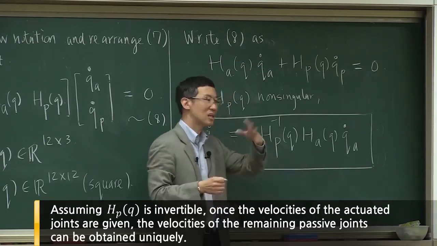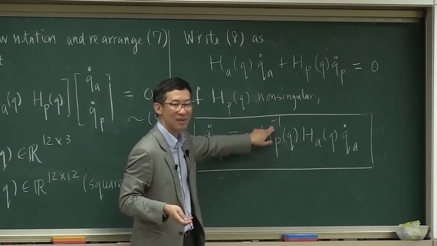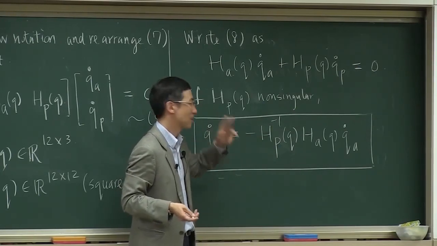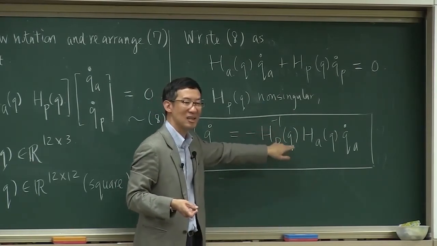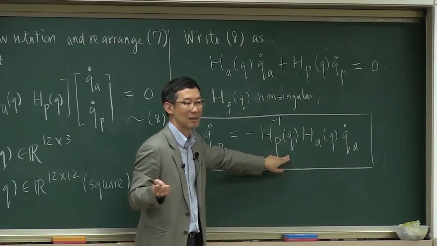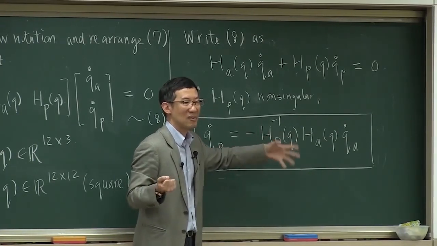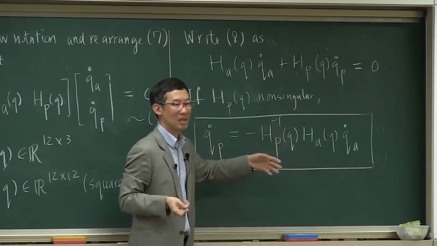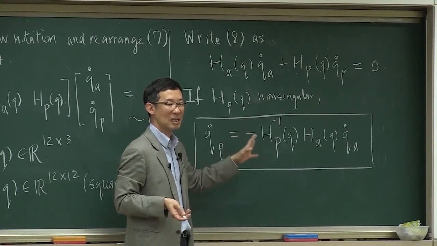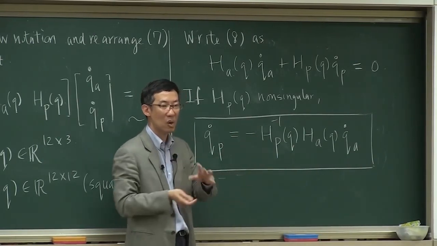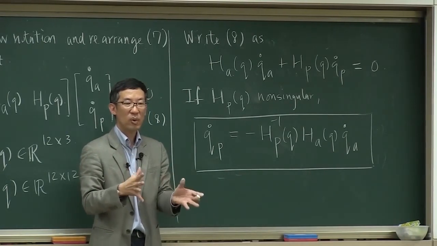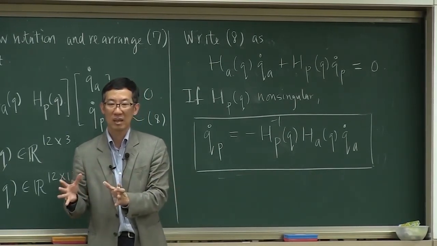All right, anytime you see an inverse, the first thing that should occur to you is, what happens if this doesn't exist? What happens if the inverse does not exist? It's a kind of singularity here, but it's a different kind of singularity than the kind we've seen in open chains, because in the open chain case, we're looking at singularities of the forward kinematics Jacobian.